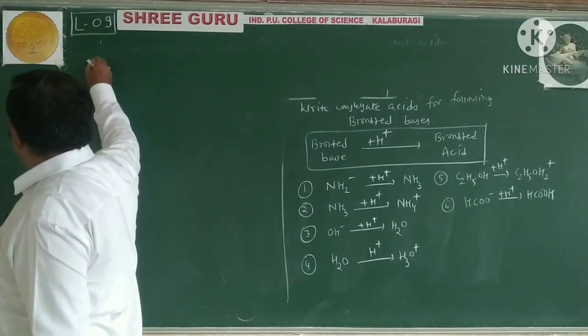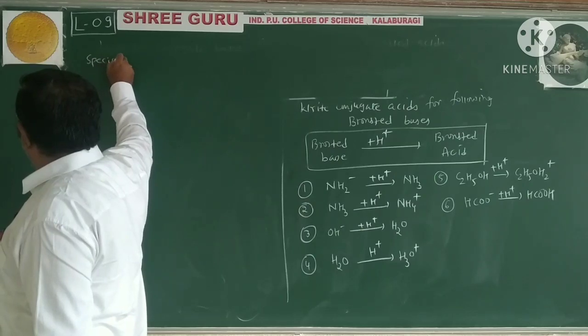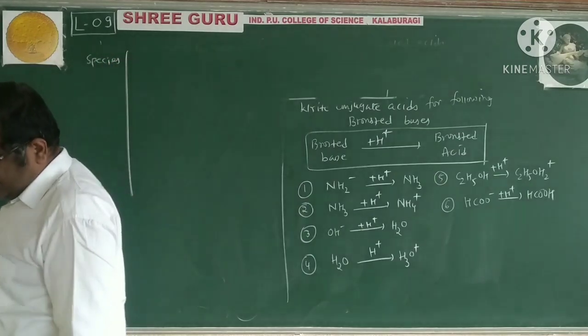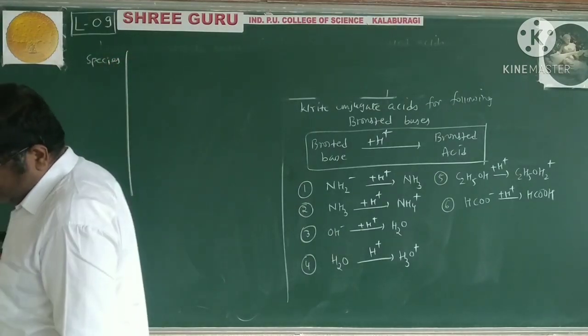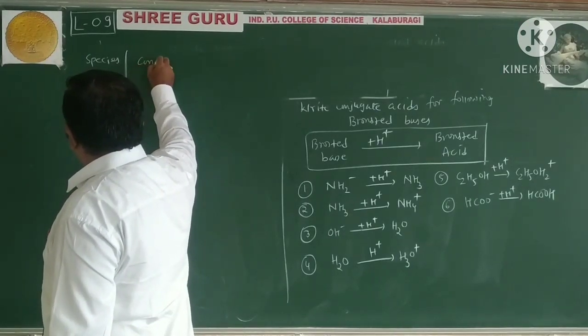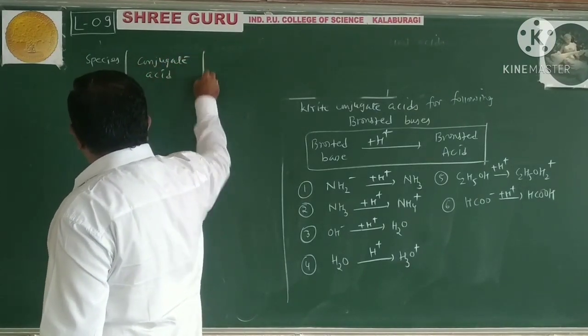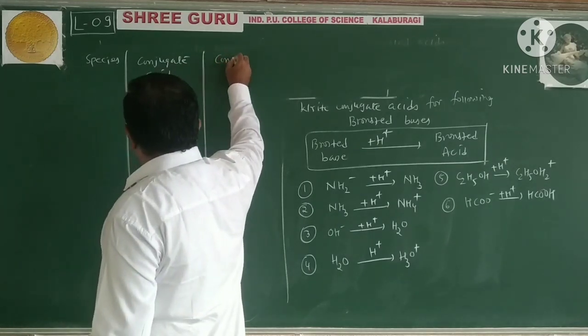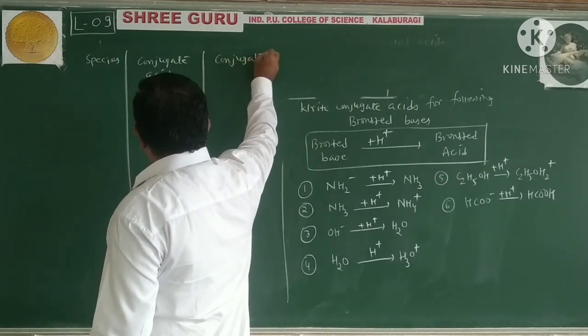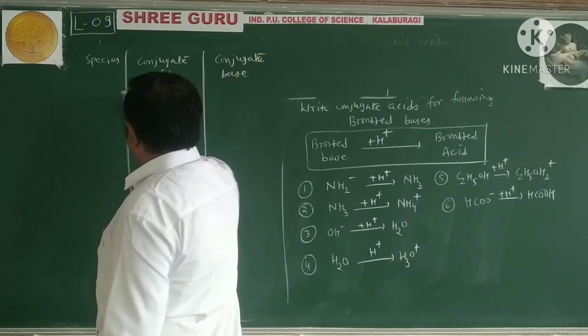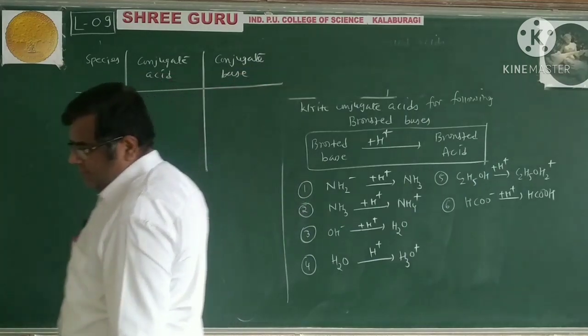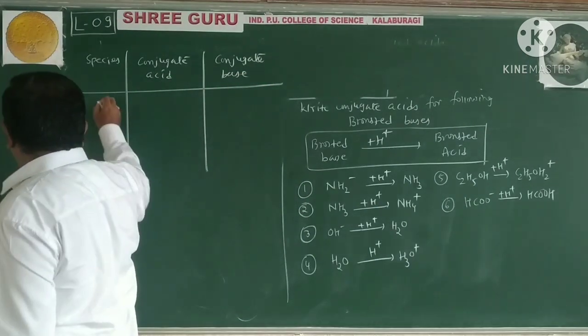For example, we'll make a column here. Species and conjugate acids. And for the same substance, we can make the conjugate base out of it. H2O.